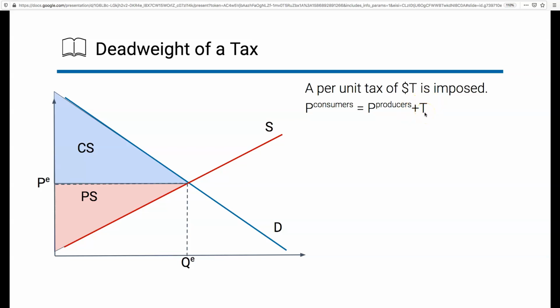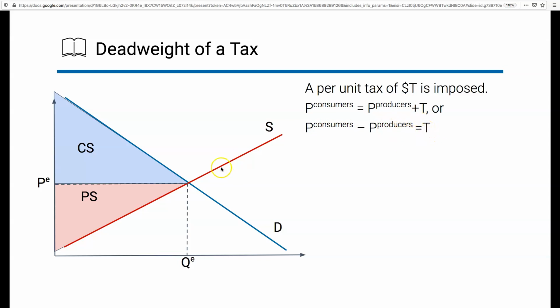So basically, after tax, the difference between the two prices should be equal to the amount of the tax. For example, if there is a $5 tax on cigarettes, then the consumer who buys cigarettes will be paying the producer price plus $5 on top of that. So the consumer's expense will exceed the producer's revenue by the amount of $5.